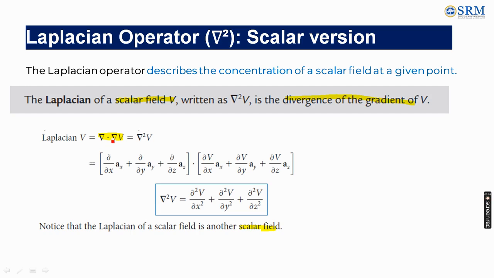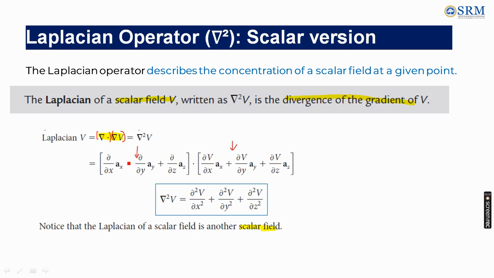I can say it in other words that it is a divergence. This is a divergence of a gradient of V. Okay, so del square V. Divergence, we know the formula for del, write it, and we know the formula for gradient. That entire V we have to take and partially differentiate and put the unit vector.